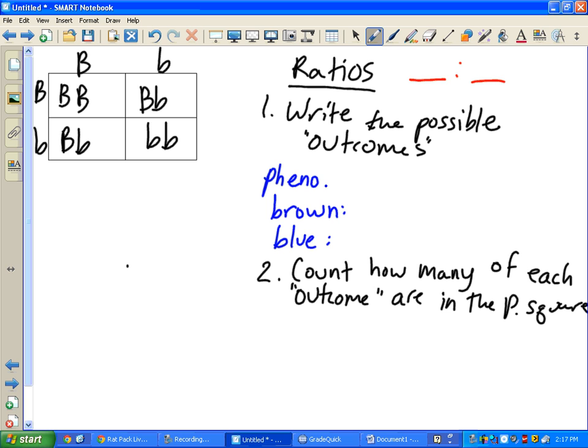All right. So now what we're going to do, okay, we've got one brown here, another brown, and another brown. So that's 3 browns in our Punnett square, so you write that down. And then you have 1 blue here. The last step is you put a colon between the 2 numbers.